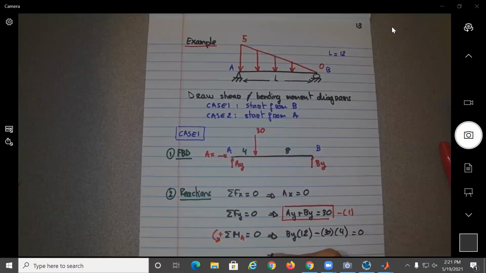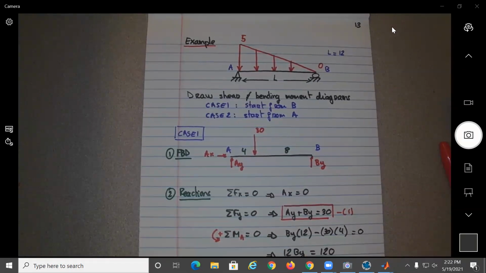So this is going to give you what? 12 BY equal to 120. So you can see right away that BY will be equal to 10. Whatever units we're using, doesn't matter.